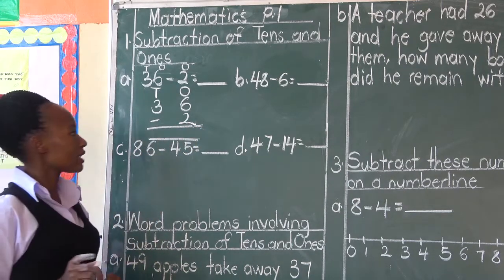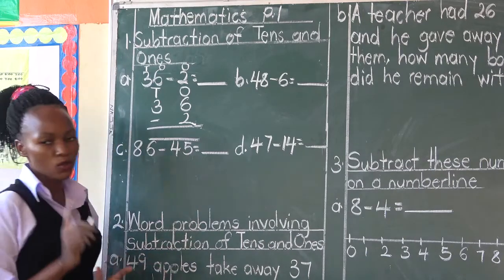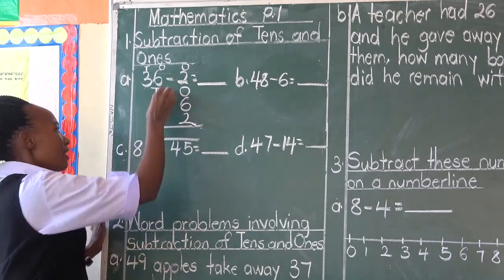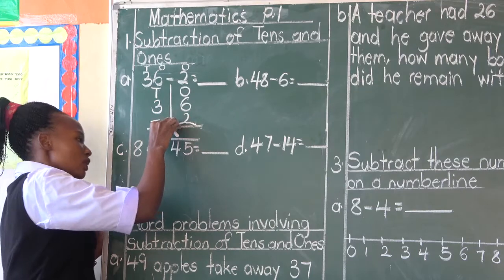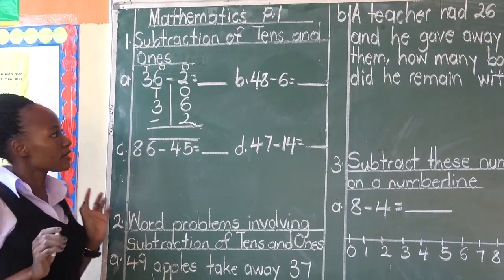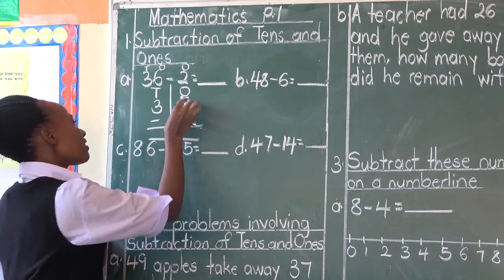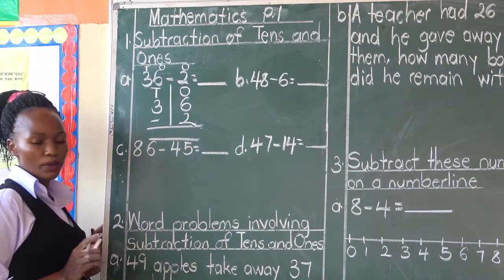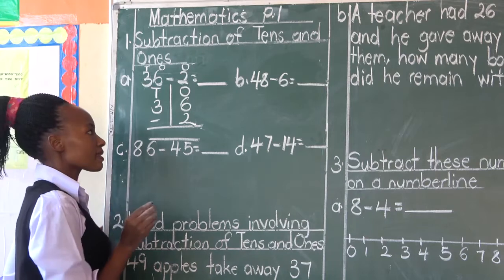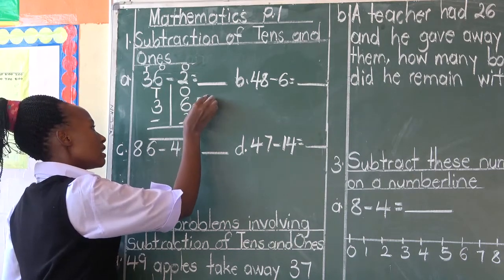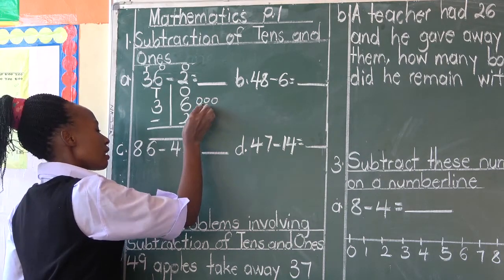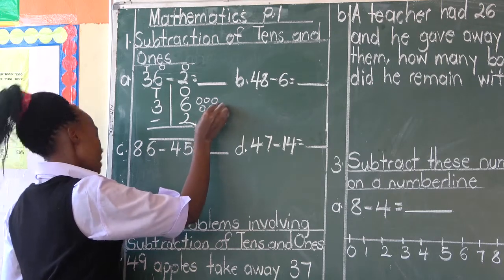But before we subtract, we first draw the line in the middle to separate these place values so that they don't confuse us. Now we are going to start with the 1 nose. When I look at 1 nose, we have 6, take away 2. We are going to draw 6 balls or 6 eggs. 1, 2, 3, 4, 5, 6.